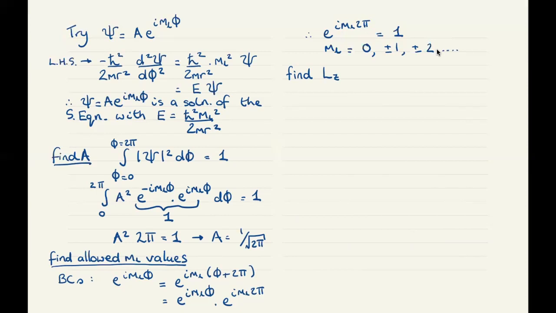There's a number of ways that we can do this. Maybe the simplest is to write down that the kinetic energy is equal to the square of the angular momentum over 2mr squared, just from our knowledge of classical mechanics. And so then we can immediately write down that the angular momentum is h bar times m sub l.